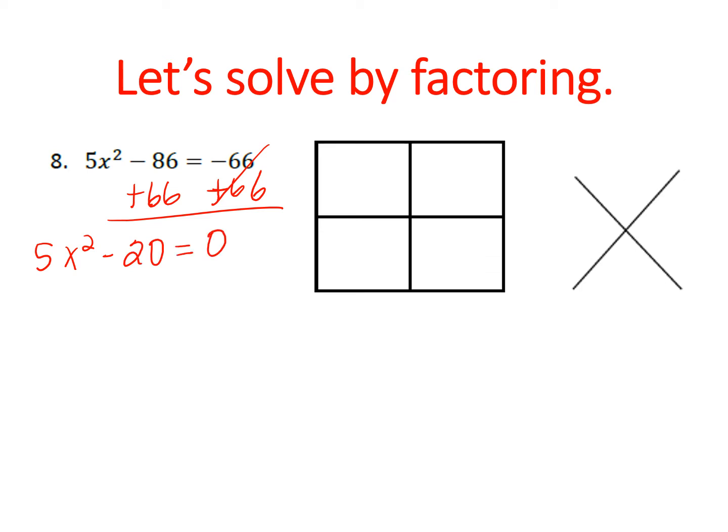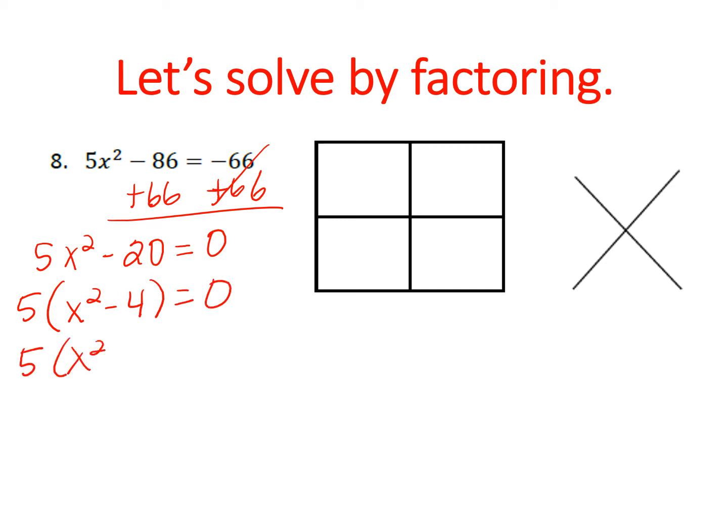Again, we're factoring, so we always look for a GCF first. Again, the two terms don't both contain x's, so we look at the numbers. And we have 5 and 20, and those are definitely both divisible by 5. So I can bring out the 5, and I'm left with x squared minus 4 equals 0.